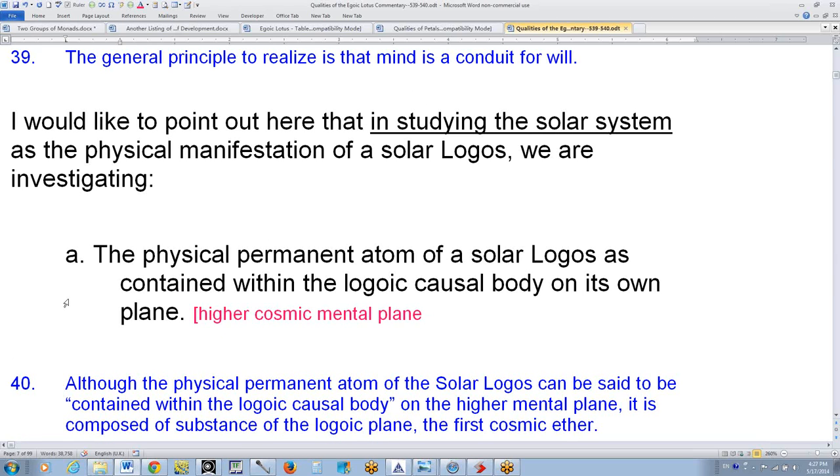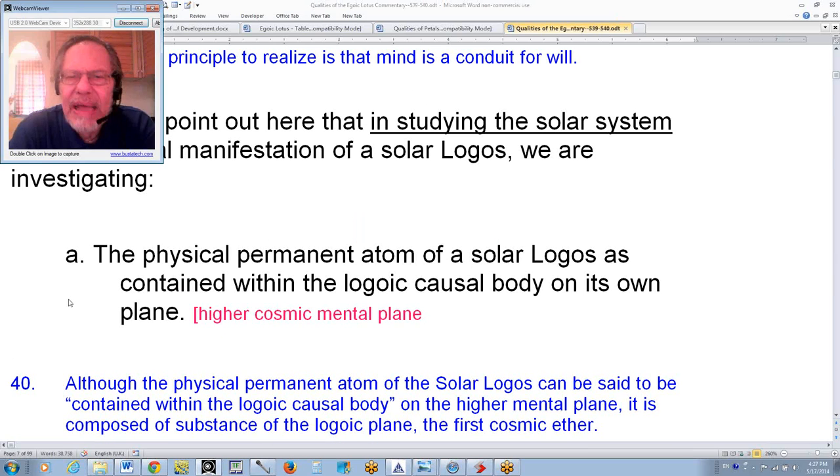And we know that these permanent atoms, members of the atomic triangle, are considered to be contained within the Egoic Lotus. They are found at the base of the lotus, which presumably means under, whatever under, over, and all of that means on those higher planes, but under the petals.